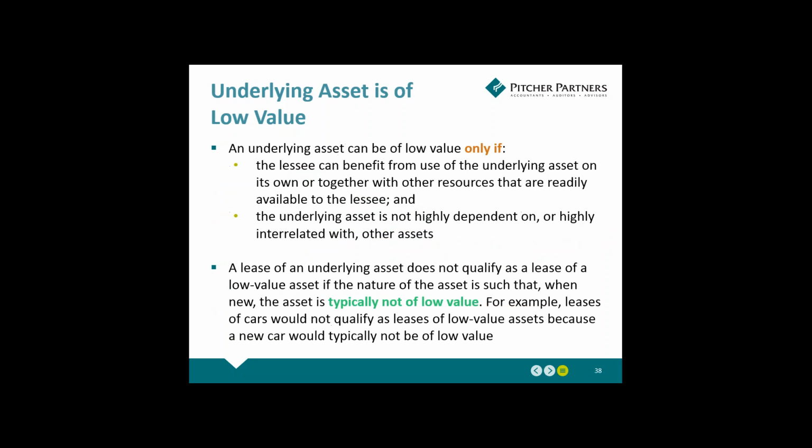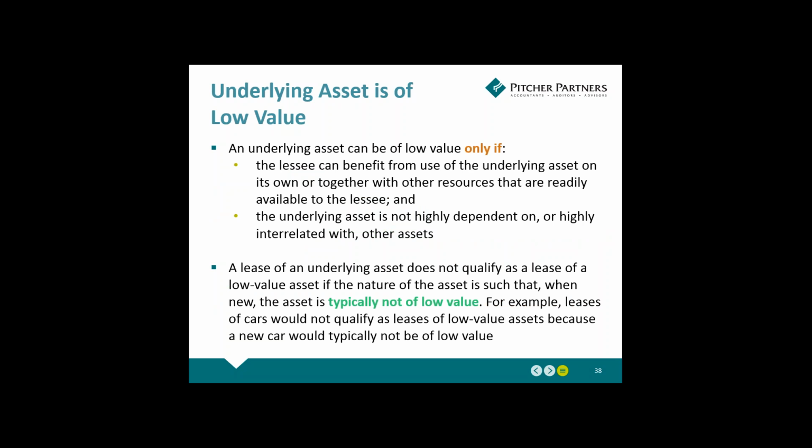It's a new value. And they say an underlying asset can only be low value if the lessee can benefit from the use of that asset on its own or together with other resources that are readily available to the lessee, and the underlying asset is not highly dependent on or highly interrelated with other assets.